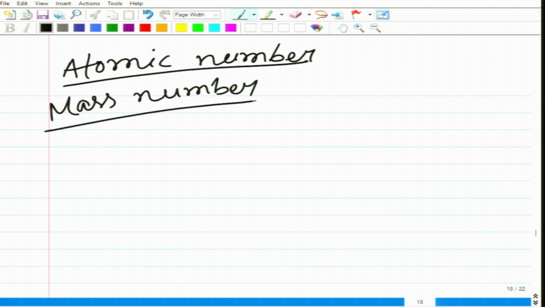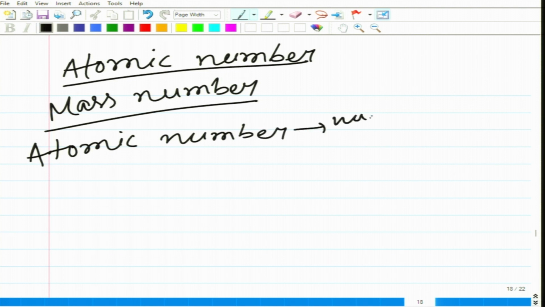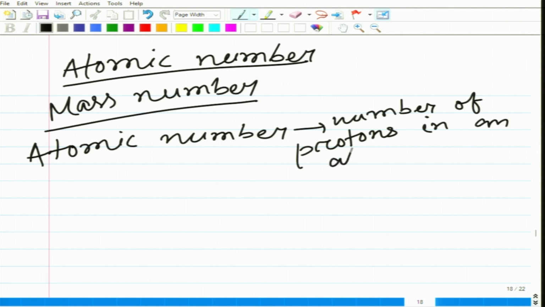What is the atomic number? Atomic number is the number of protons in an atom.